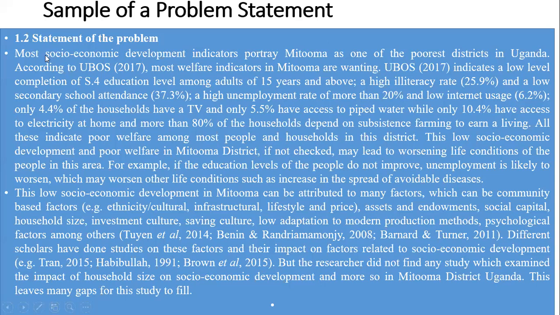If you look at this first sentence, it is mainly talking about the DV, which is socio-economic development. The researcher is saying that most of the socio-economic development indicators he has read about in literature or in reports are low, showing Mitoma is one of the poorest.